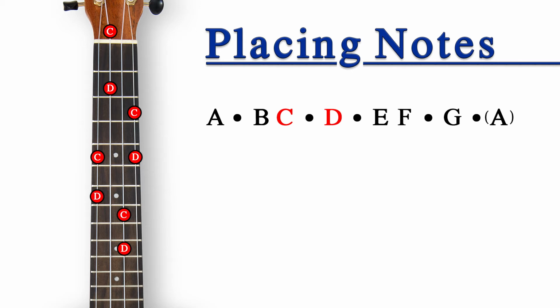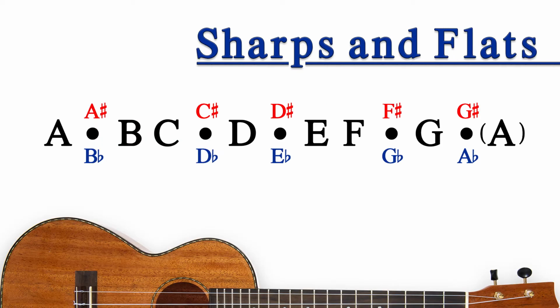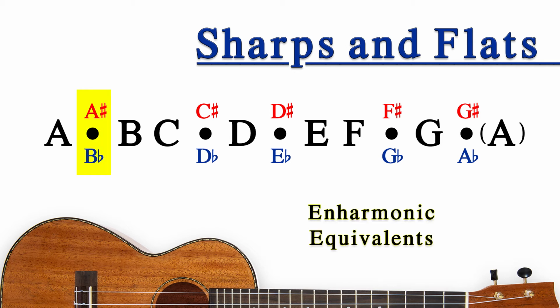There's one more layer to understanding the legend that needs to be explained: the dots. So far, they've been used only as markers, but they have proper note names as well. In fact, each dot has 2 proper note names, one a sharp name and one a flat. Take, for example, A sharp and B flat.